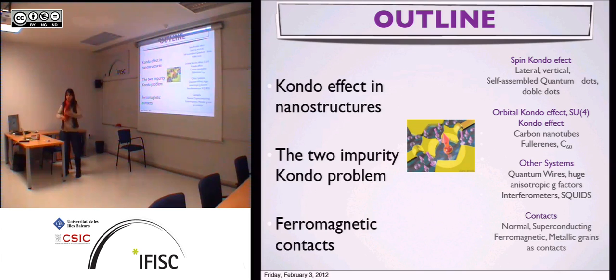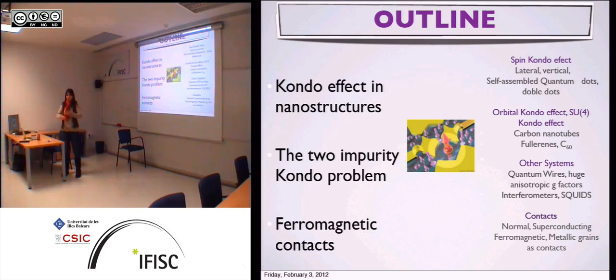The antiparallel case is a situation where you reverse the majority and minority character from the left to the right. So this is antiparallel and the previous one was parallel. What happens when you have different tunneling rates depending on the spin, in the parallel and in the antiparallel situation?